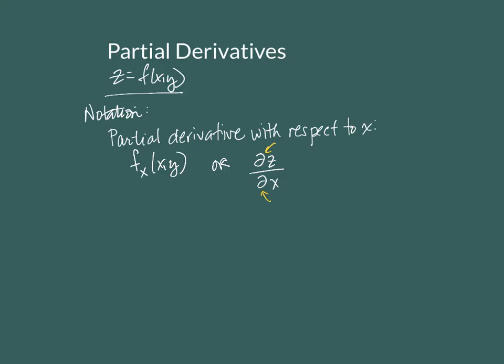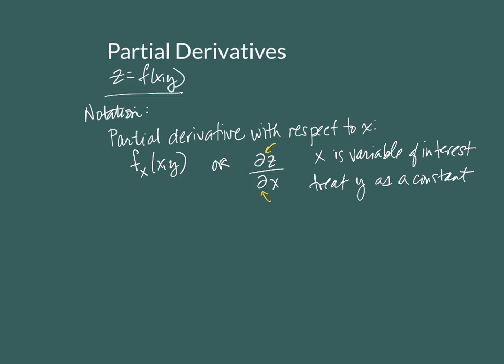In this case, x is the variable of interest, and that means we're going to hold or treat y as a constant. We're not interested in how it's changing with respect to y, so we just treat it as a constant. And x is our variable of interest when we look to find the derivative.